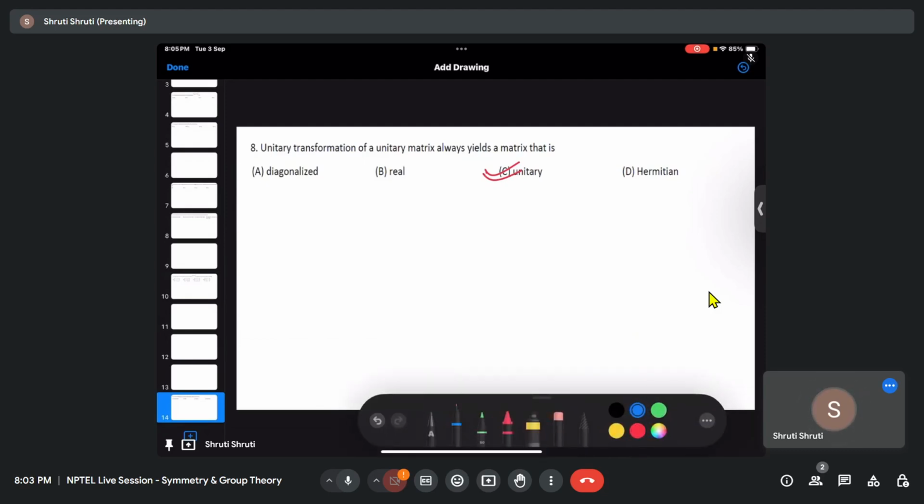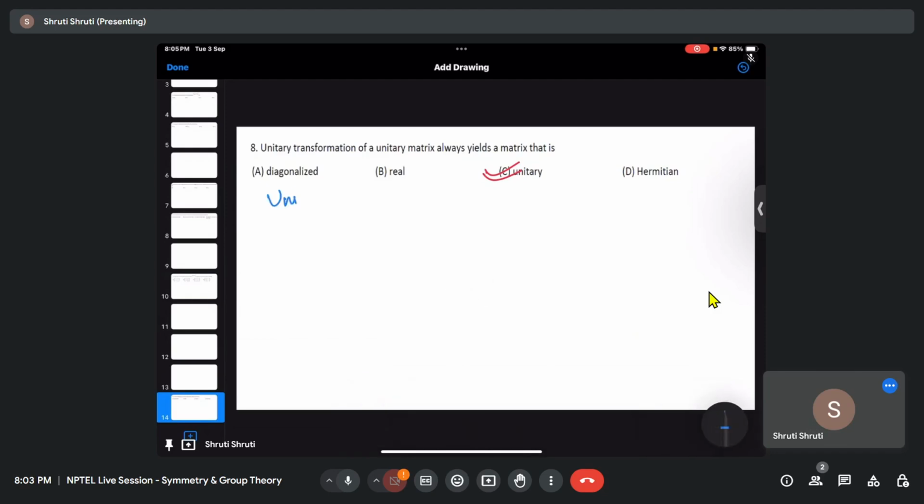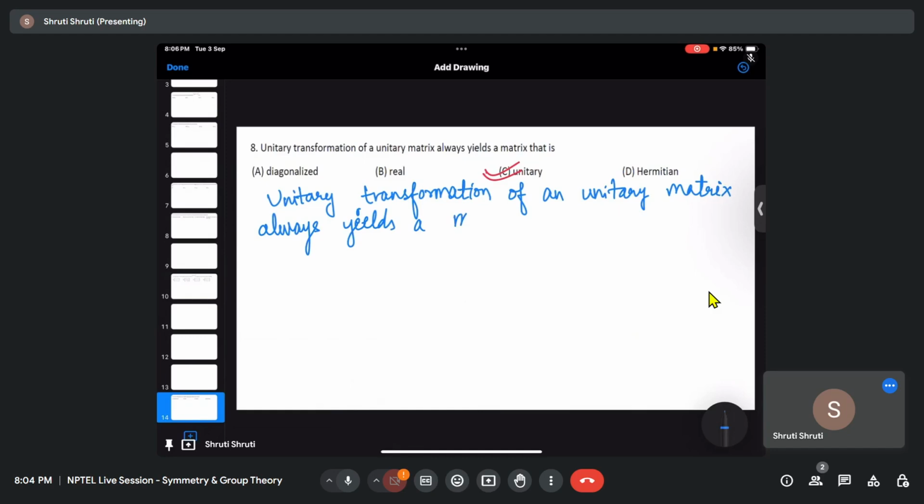So this has been discussed earlier. Option C is correct.